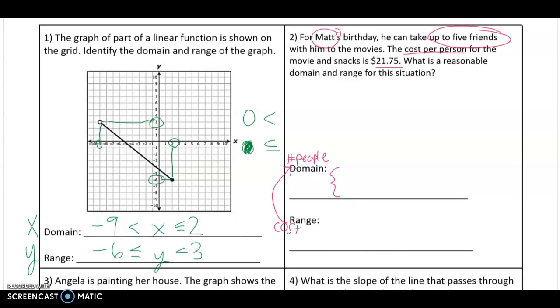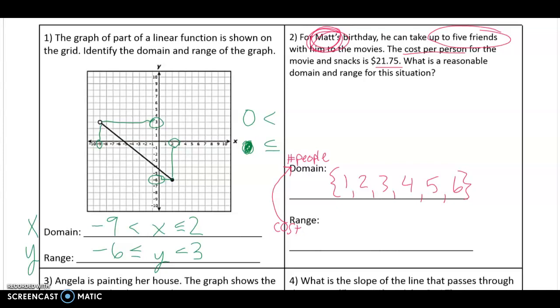So we're not going to say from 1 friend to 6 friends because then it includes all of the decimals in between. So we're only going to put the whole numbers 1, 2, 3, 4, 5, and 6 because there are 6 people. Don't forget about Matt. Okay? Don't forget about him. He's part of the party. It's his birthday.